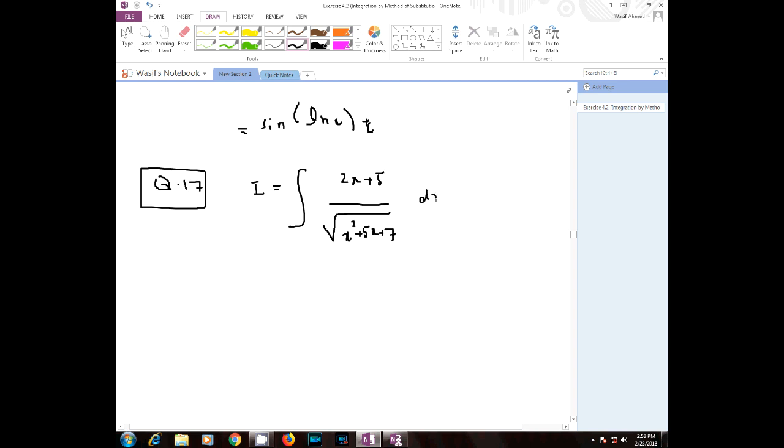Very simple question. If you want to solve it systematically, you have to solve it with the same method as I described in question number 7. If you want to solve it directly, then follow me.